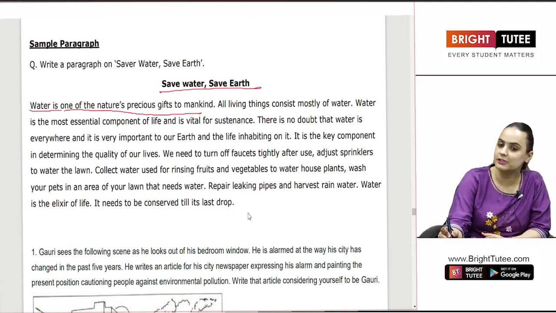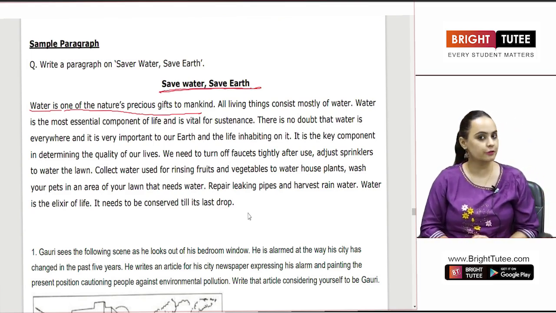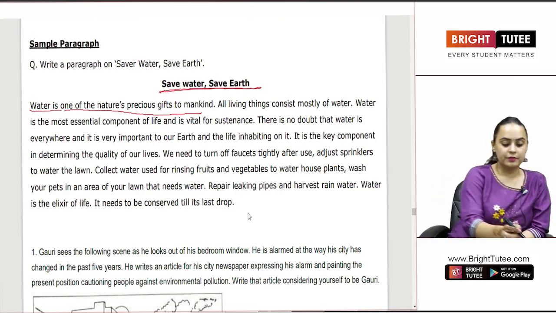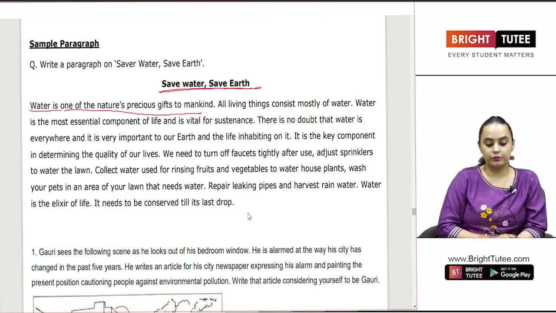So you see, this is your topic. The title in itself tells us what the entire paragraph is going to be all about. Save water, save earth. We are beginning our paragraph from the extreme left hand side margin. So, water is one of nature's precious gifts to mankind. This is what we write.